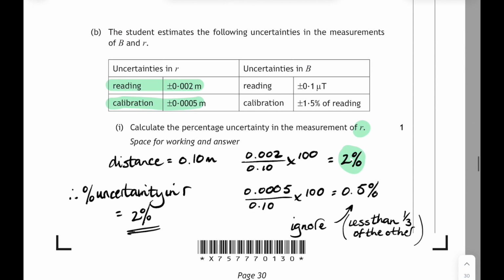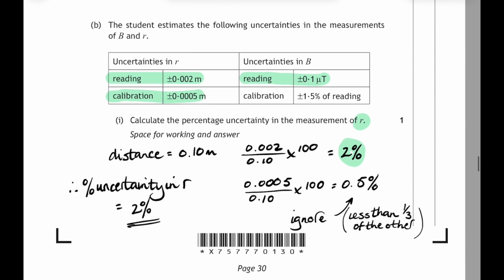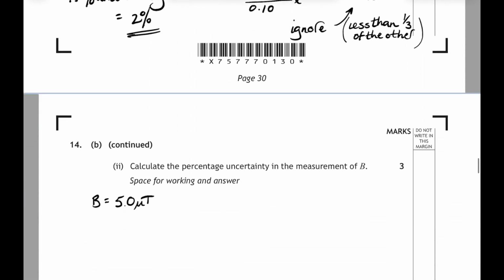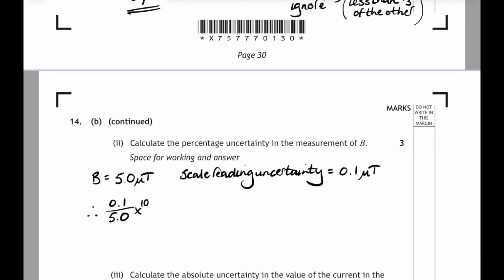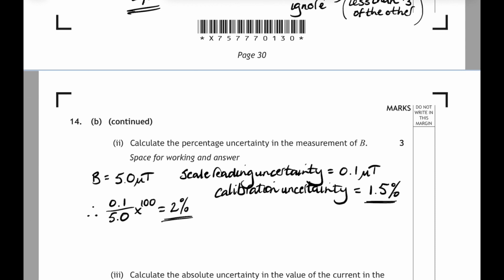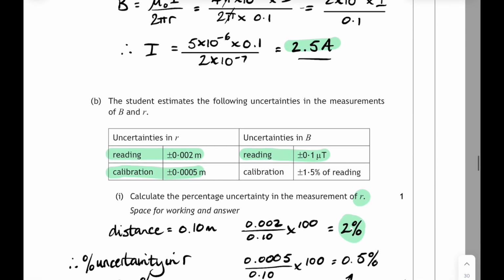So the scale reading uncertainty was plus or minus 0.1 microtesla, and if you work out what that is as a percentage of the measurement of B, then that's 2%. And if we look at the calibration uncertainty from the table, then we're told that it's 1.5% of the reading. So we don't have to work that out, it's 1.5%.